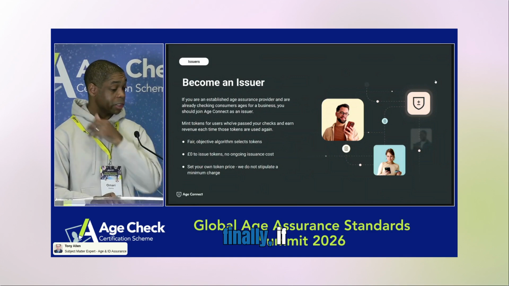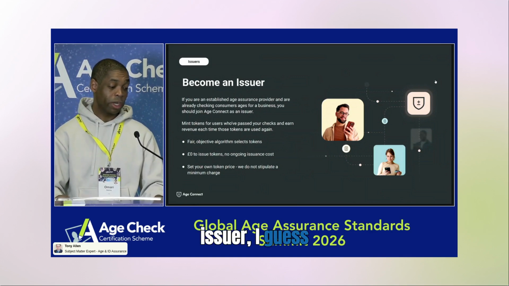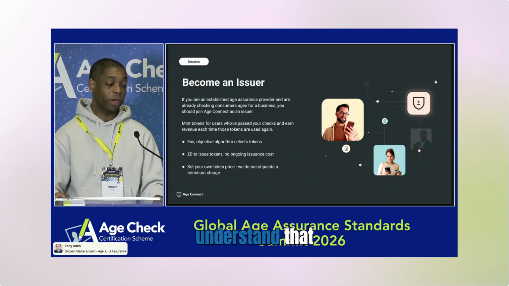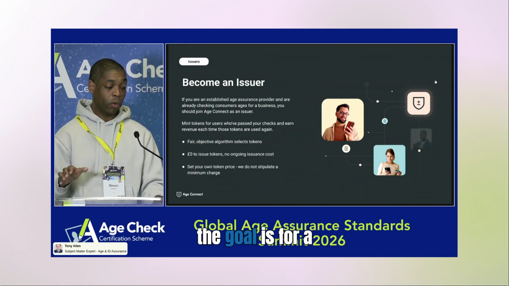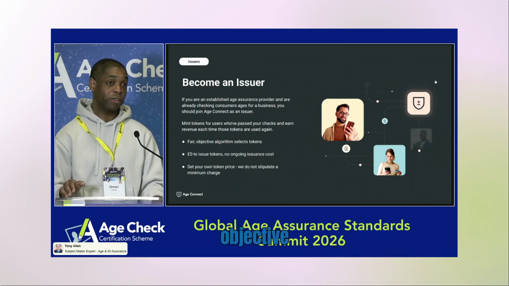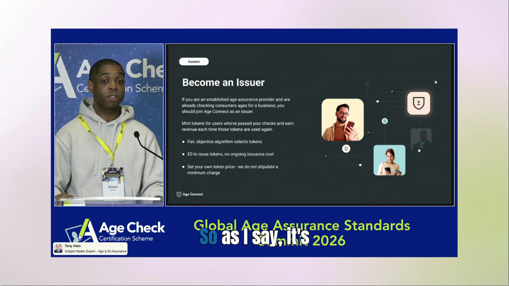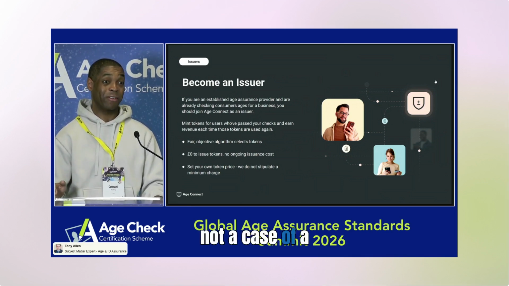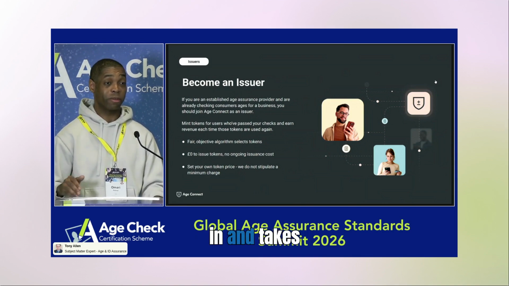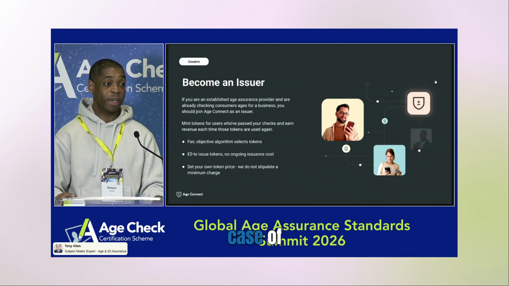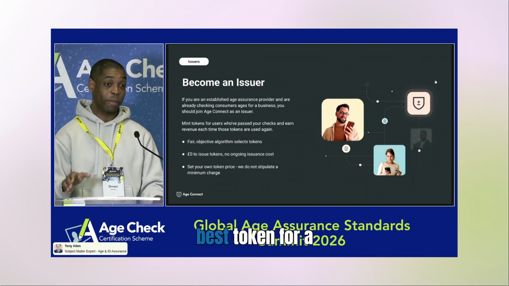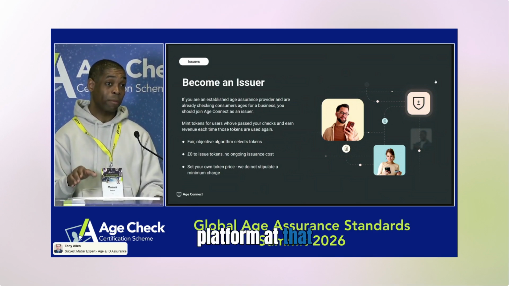And then finally, if you're interested in becoming an issuer, it's really important to understand that the goal is for a fair and objective algorithm to select tokens. So it's not a case of a preferred supplier comes in and takes everything. It's really a case of whichever supplier has the best token for a platform at that point in time, that's the supplier who wins.